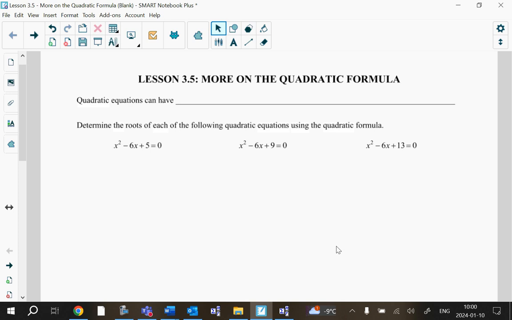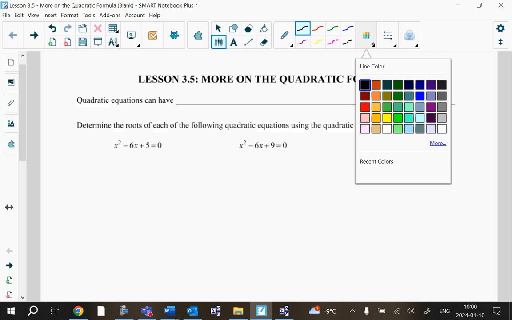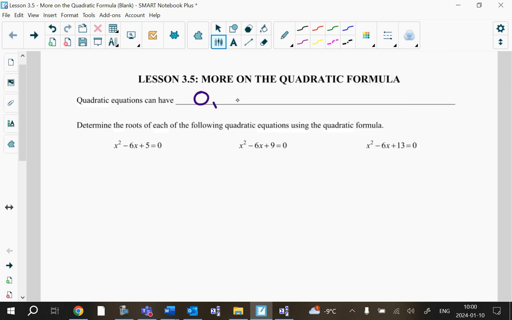But there's actually a way to do it without solving, so you don't have to go through that entire process. And we've been solving quadratic equations over this unit that have had no solution, 1 solution, or 2 solutions.